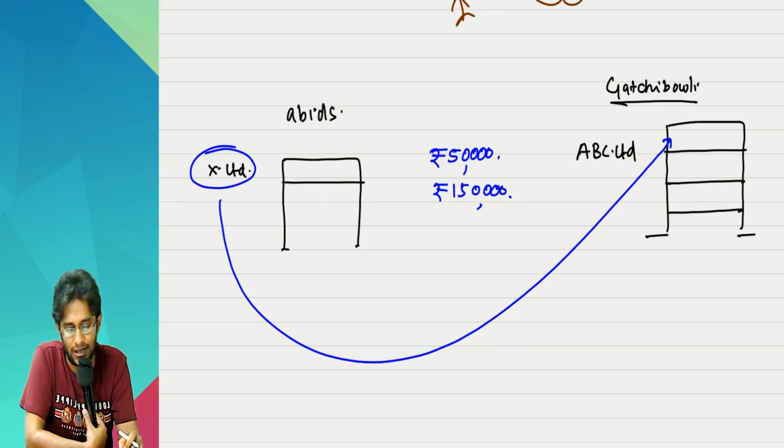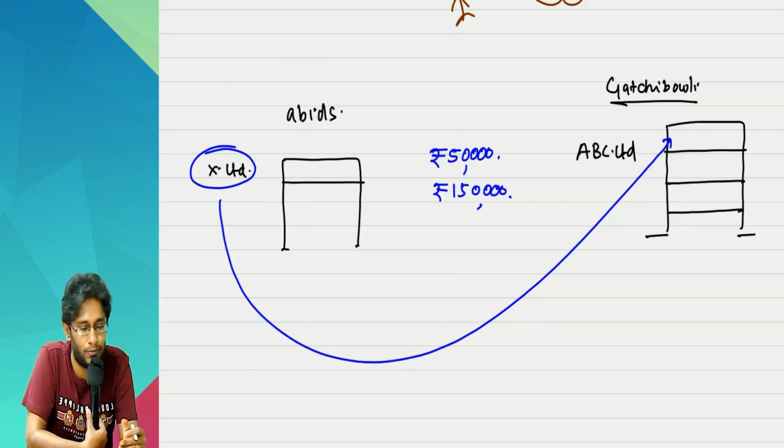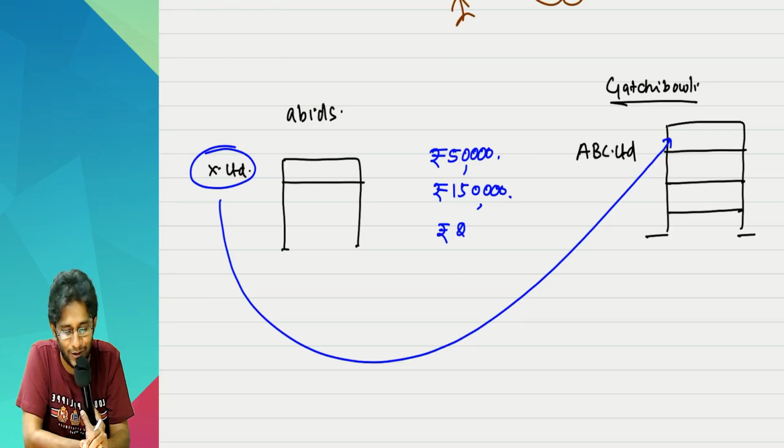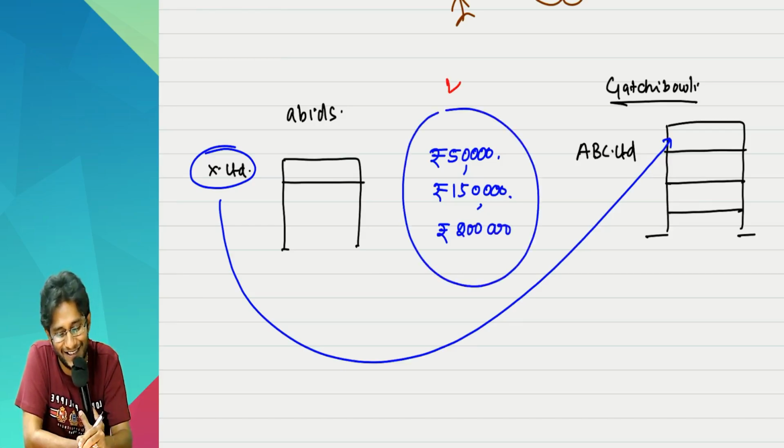Then X Limited says that, sir, all is good, but in this existing building, I made some modifications and all that cost me some 3 lakh rupees. If I come to your building, again I have to incur all that modification cost. ABC Limited says, don't worry, that also I will pay. These are all called lease incentives.